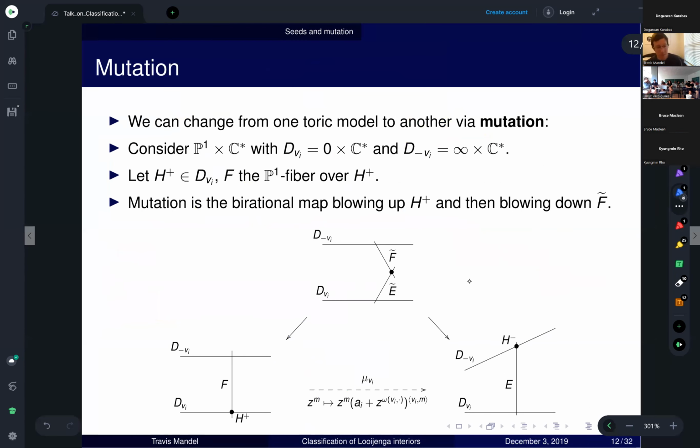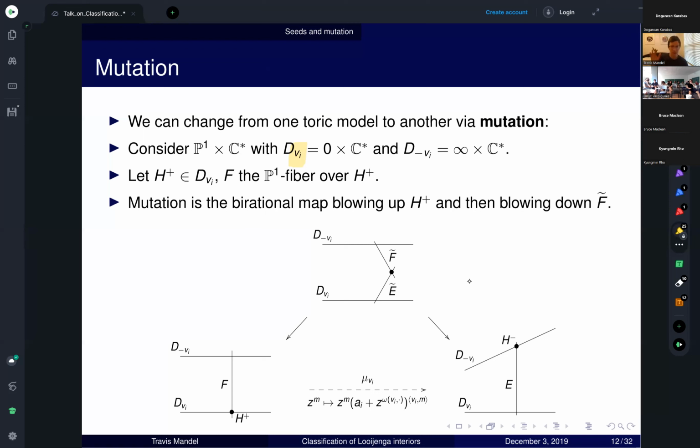Yeah, so this slide. Given one toric model, you can apply mutation with respect to any of your indices I. So here's how mutation works. This is mutation with respect to the index I. We start with the toric variety that we do whatever non-toric blow-ups of to get to our Looijenga interior.